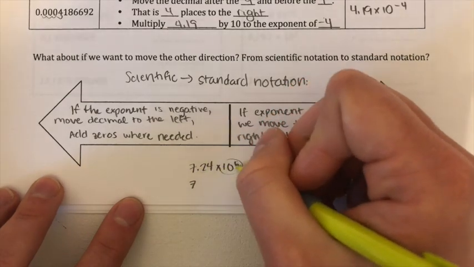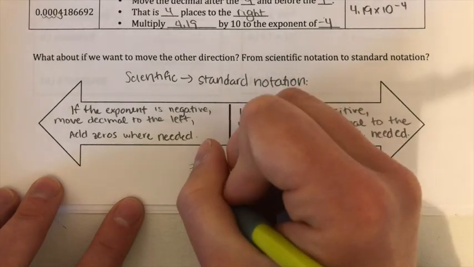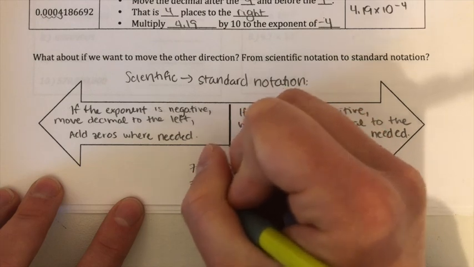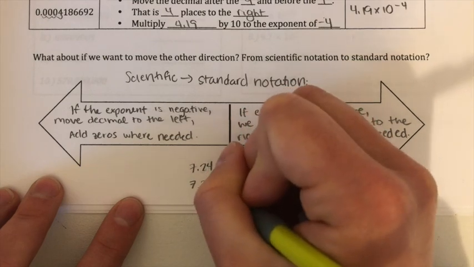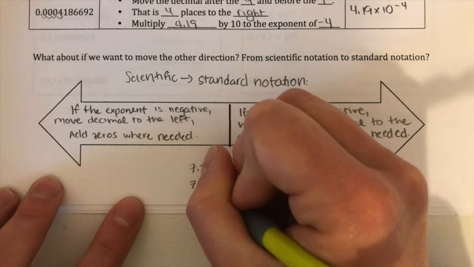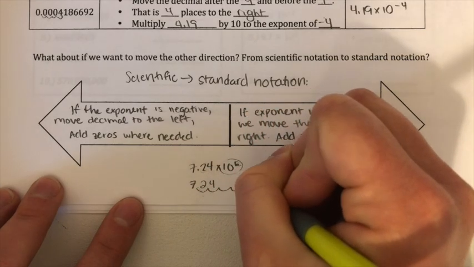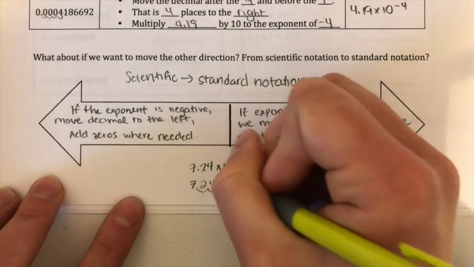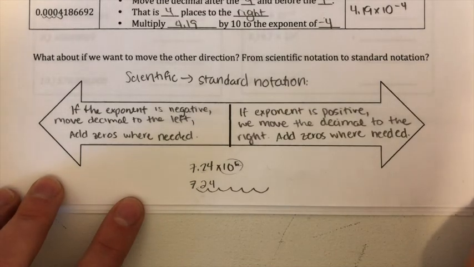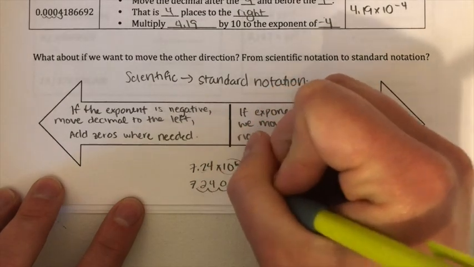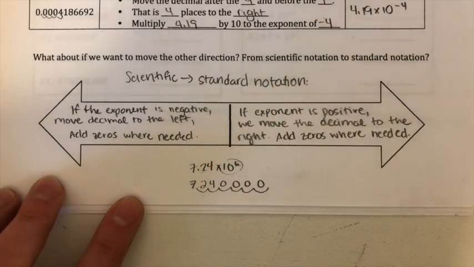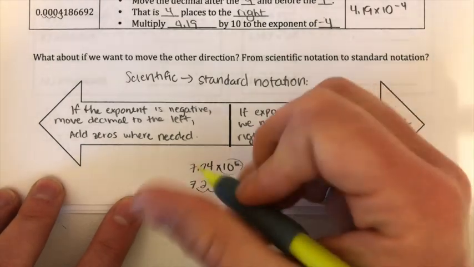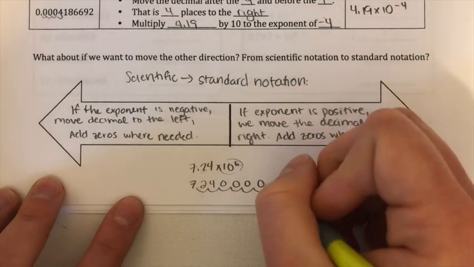So I'm going to be moving that decimal to the right. So if it starts here, I'm going to move it after the 2, then after the 4, that's 2 places. So 1, 2, 3, 4, 5, 6. And notice how I drew those little swoopies like I usually do. And I'm going to have to fill them in with zeros. Okay, so this is equal to 7,240,000.